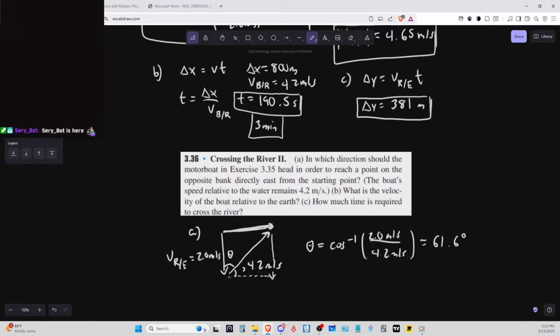It might be this angle. Technically, from east to north, so at this point it's north of east. So it's still practically the same.